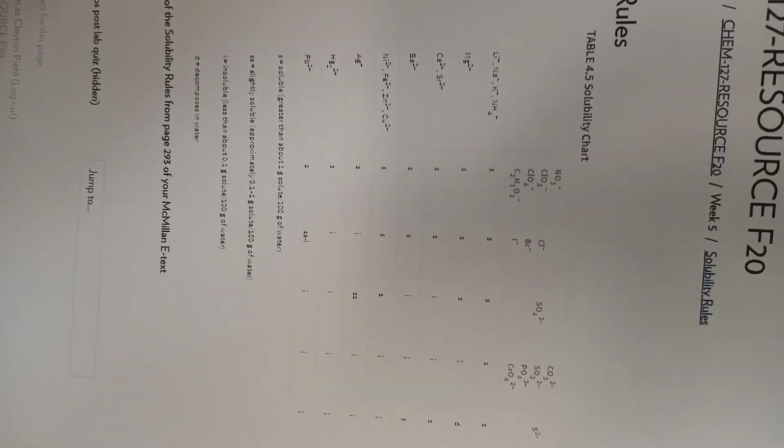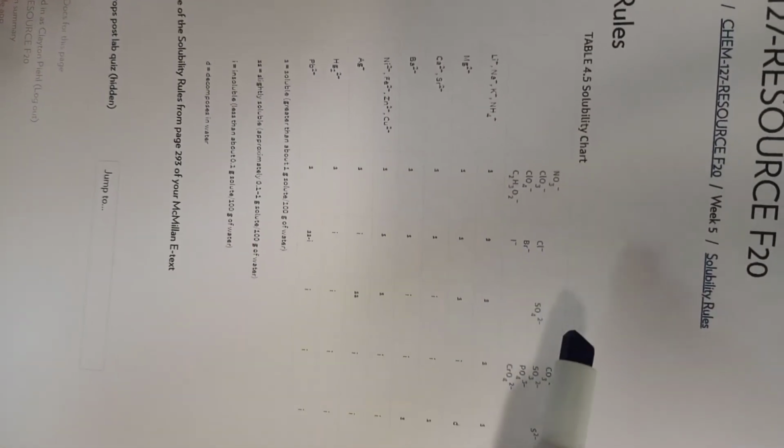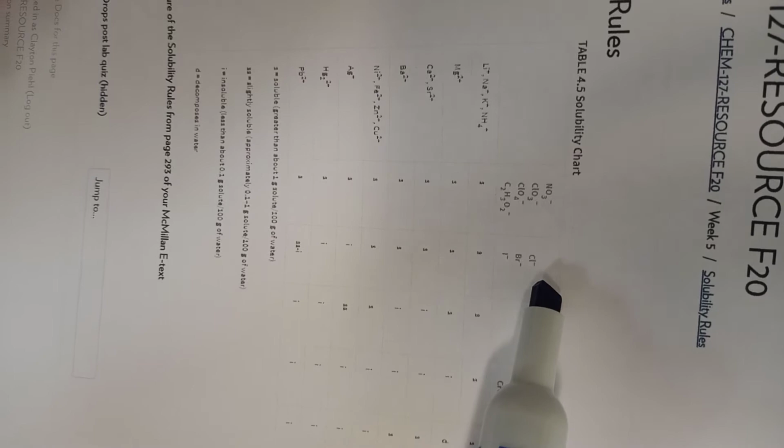FYI, there is a table that tells us about solubility on the Moodle page. This page with solubility rules is available on the Moodle page. Here's chlorine, and sodium is in this row.